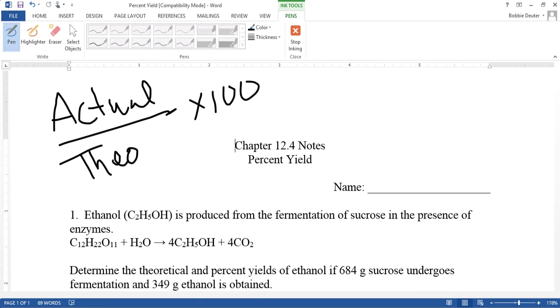If your actual yield happens to be over your theoretical yield, big red flag. This is horribly wrong. If your actual yield is over your theoretical yield, your product is probably garbage. So what does that mean?